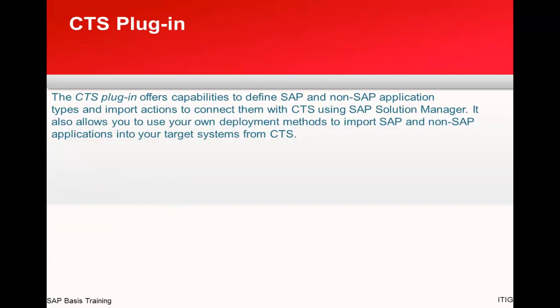Okay, CTS plugin. The CTS plugin offers capabilities to define SAP and non-SAP application types and import actions to connect them with CTS using SAP Solution Manager. It also allows you to use your own development methods to import SAP and non-SAP applications into your target system from CTS.